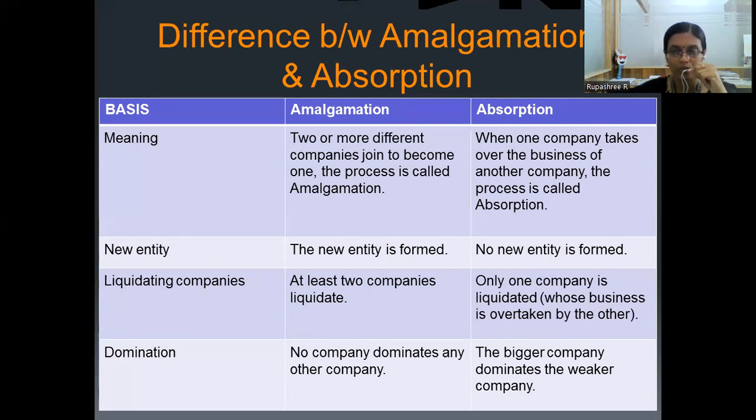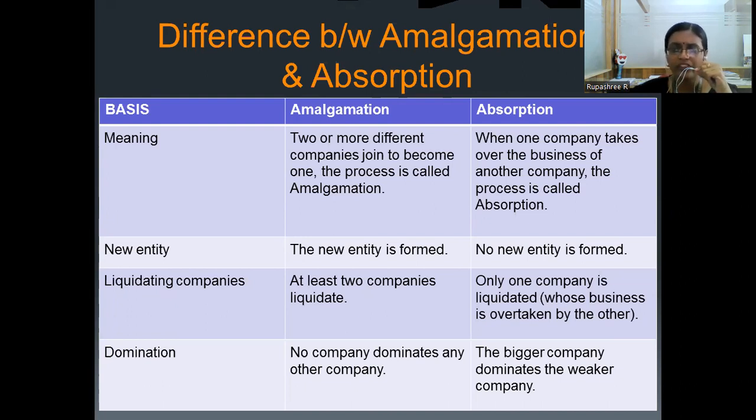In absorption, there is no liquidation process, whereas in amalgamation, a minimum of two companies liquidate themselves and form a new company. In absorption, none of the companies try to liquidate, but one company takes over the business of another company.